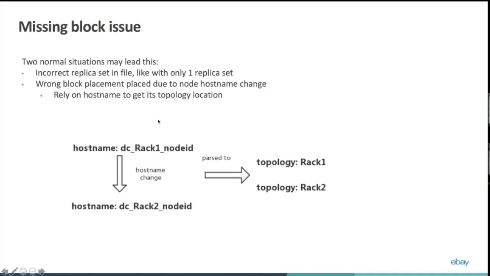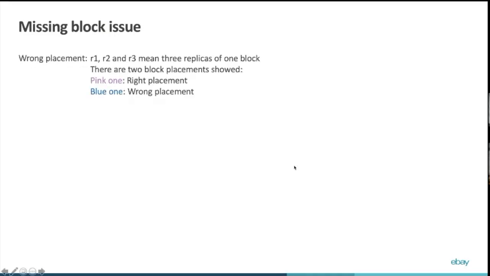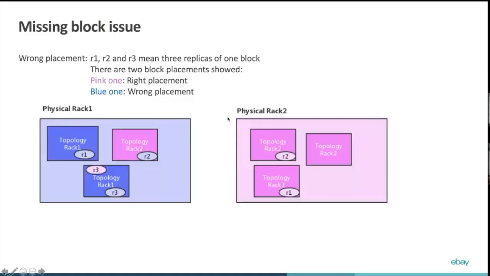But sometimes a node is decommissioned, then comes back again. The host name can sometimes change. Then it will have another rack name, and then a different topology location. So this will lead to a wrong placement like this.